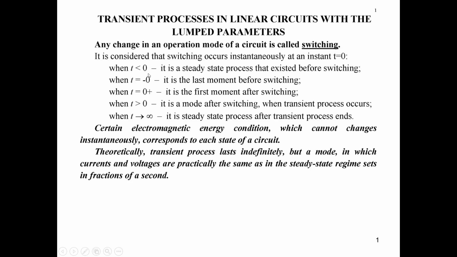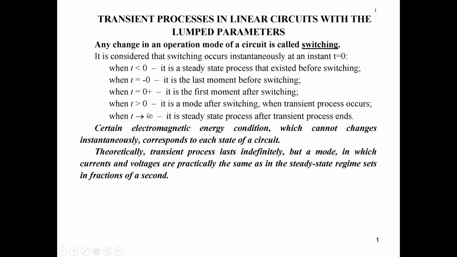First, t less than 0 is the moment just before commutation. The moment just after commutation is designated t greater than 0, and it is the period of transient processes.